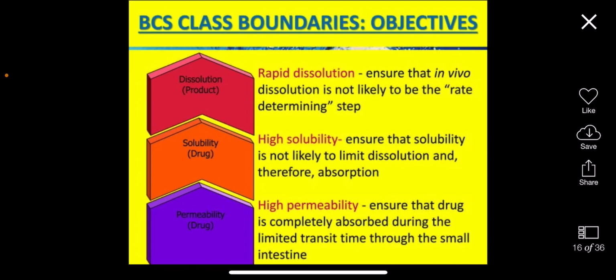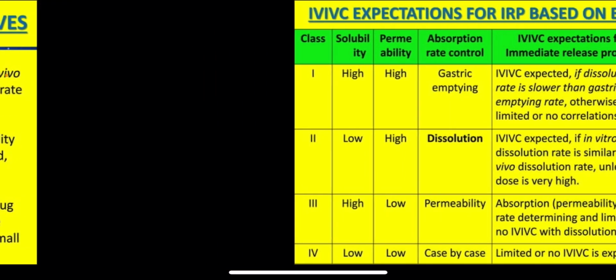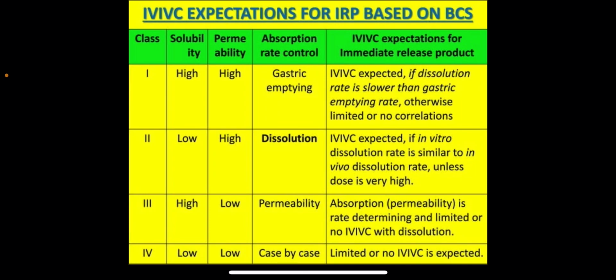So BCS boundaries objectives are rapid dissolution, which ensures the in vivo dissolution, highly soluble, which ensures the solubility, and permeability, where the drug is completely absorbed through the membrane of the intestine. So this is the IVIVC expectation for the IR product based on the BCS.